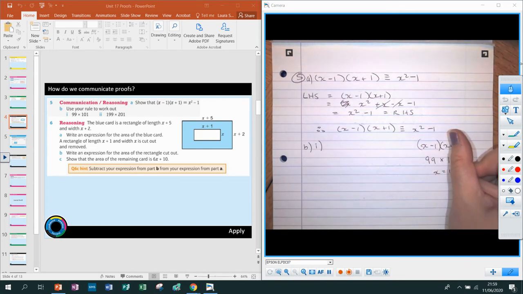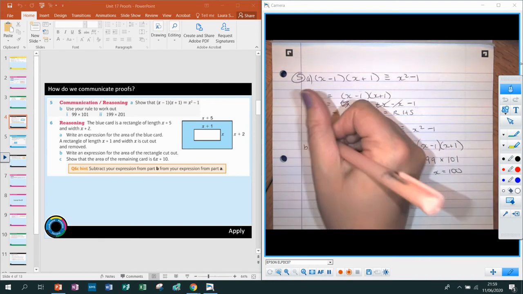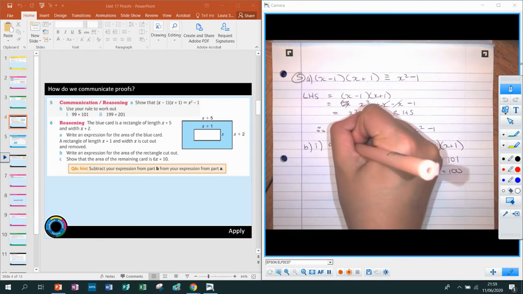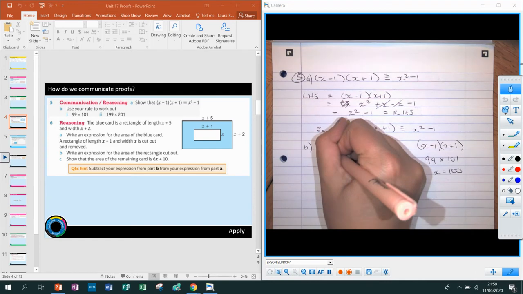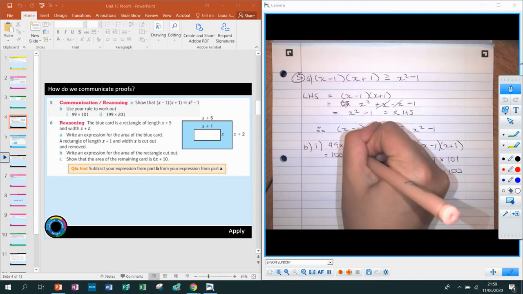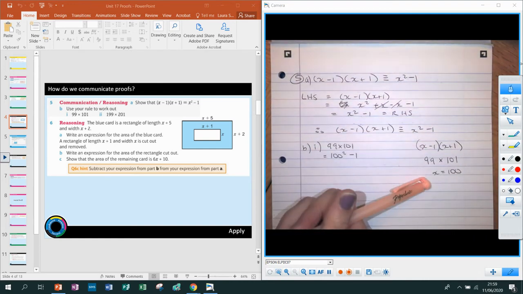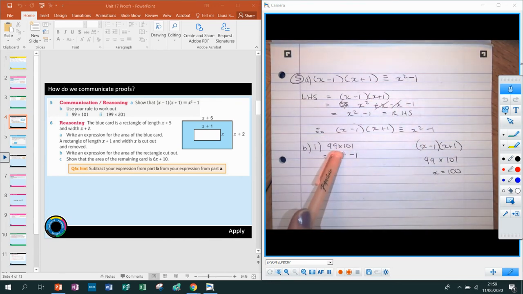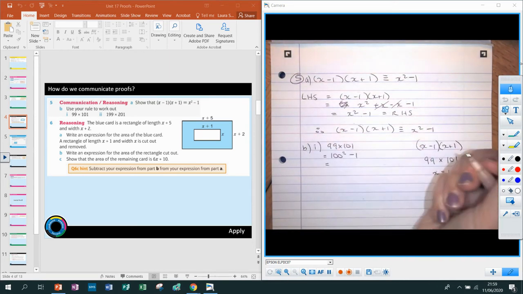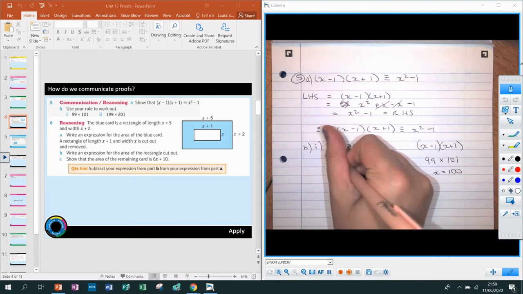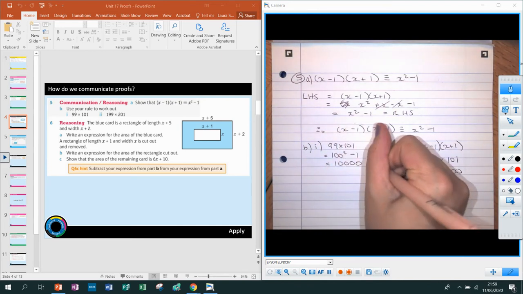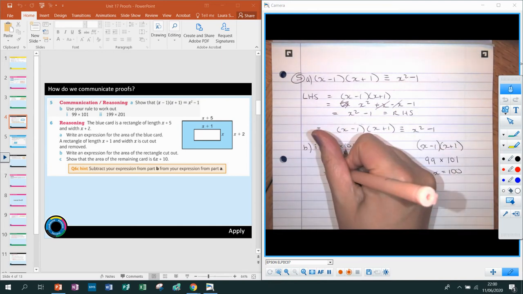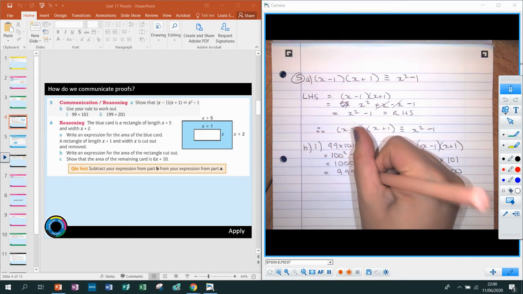X must be equal to 100. So now I could say that 99 times 101 is going to be equal to 100 squared take away 1, because my x value we know is 100, and this is equal to x squared minus 1. So it's 100 squared minus 1, which is going to be that.